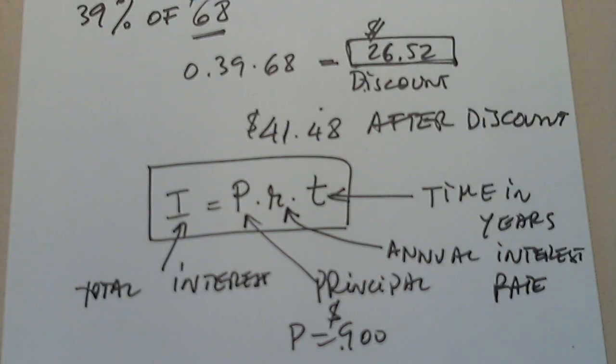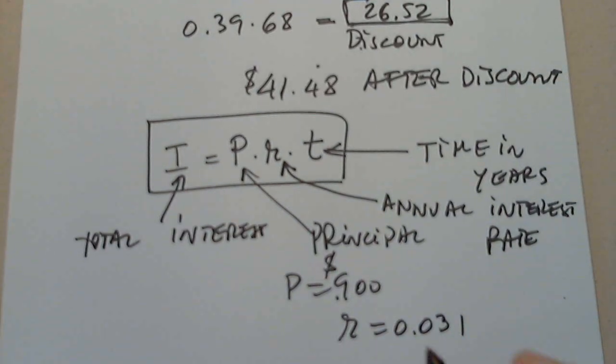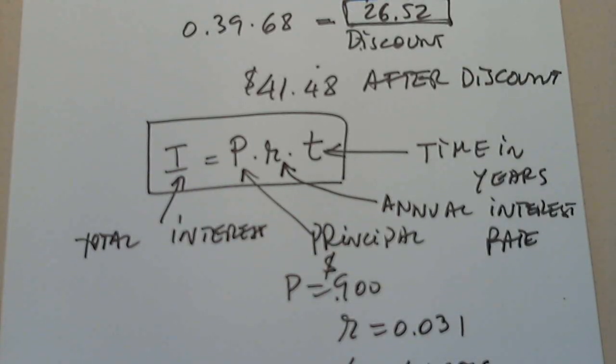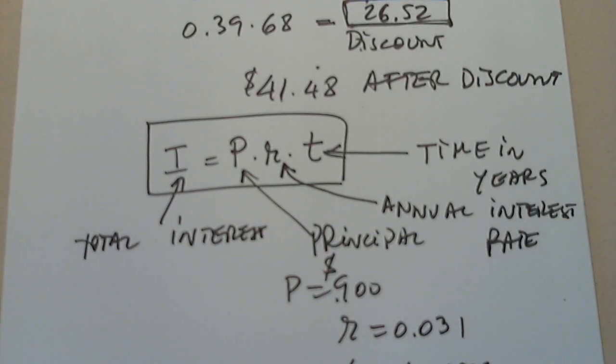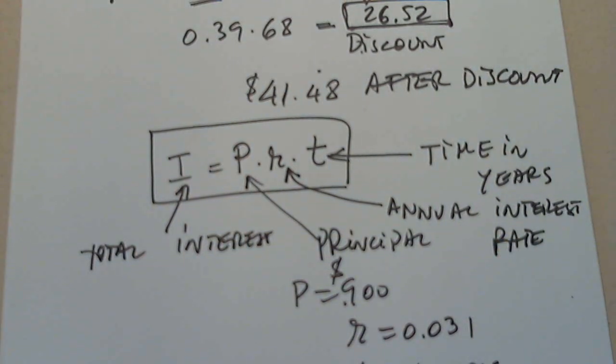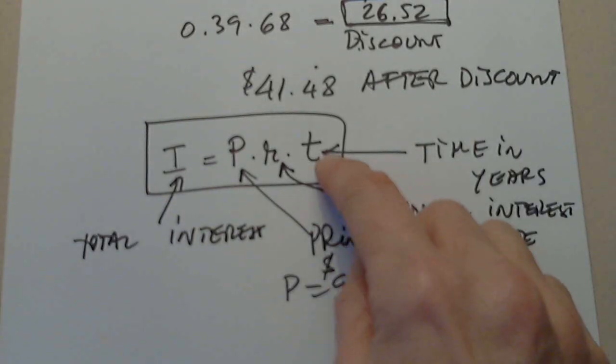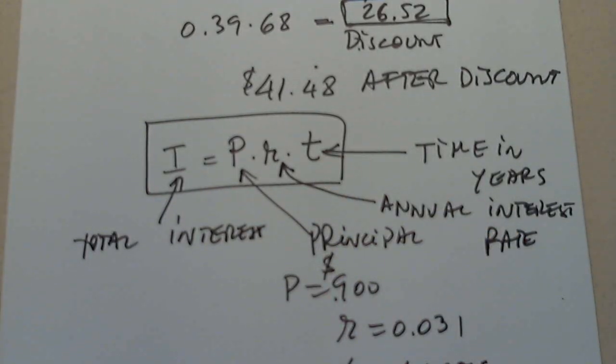Okay, so this is 3.1% is the annual interest rate. So R equals 0.031. And time T, 4 years. We have all the information we need. We have the principal, $900. We have the annual interest rate, which is given to us, and you have to change it into a decimal number. And the time is given to us as 4 years.